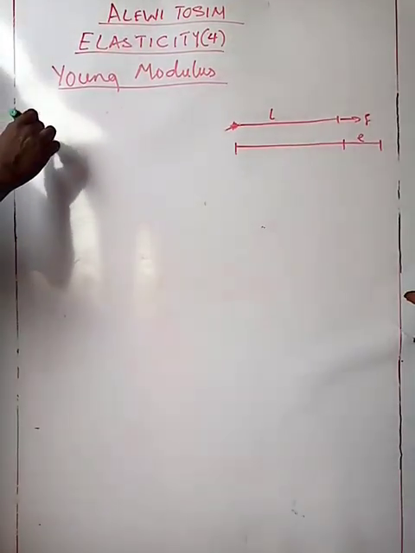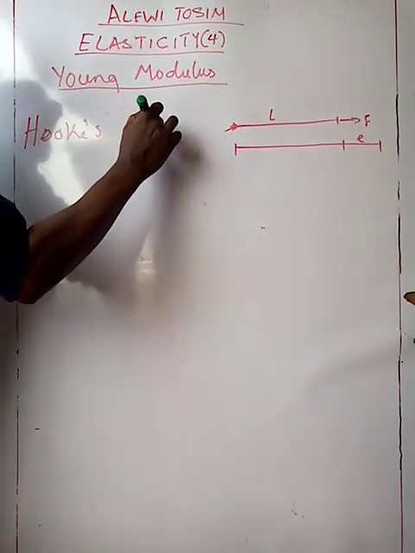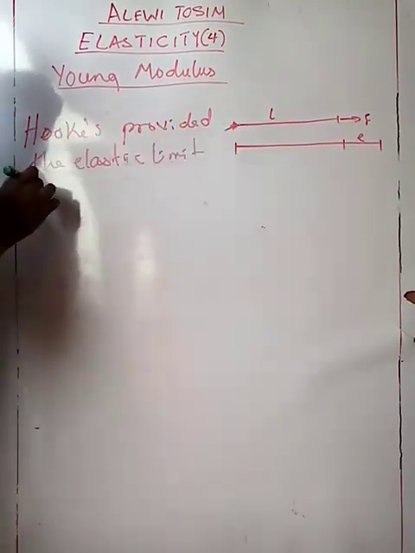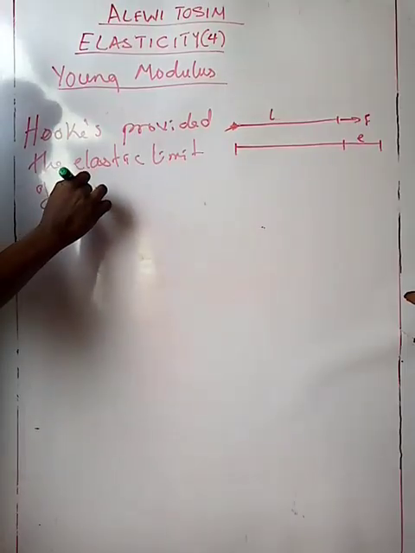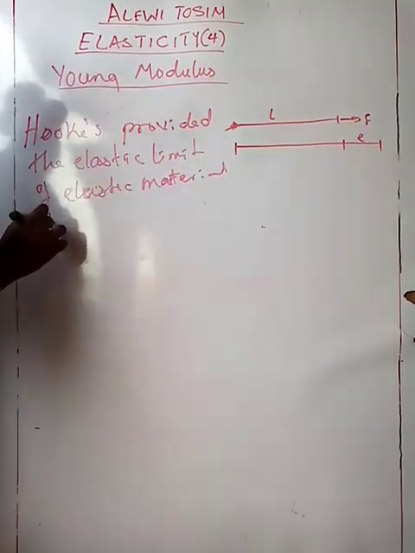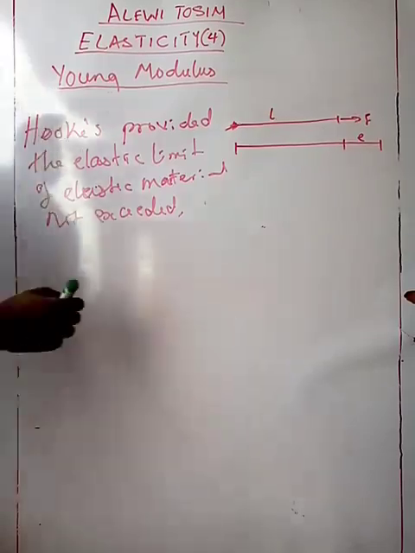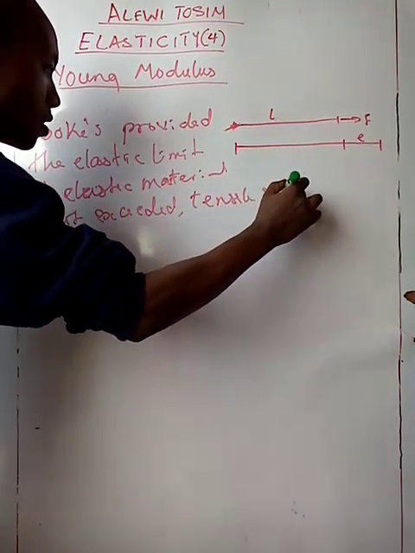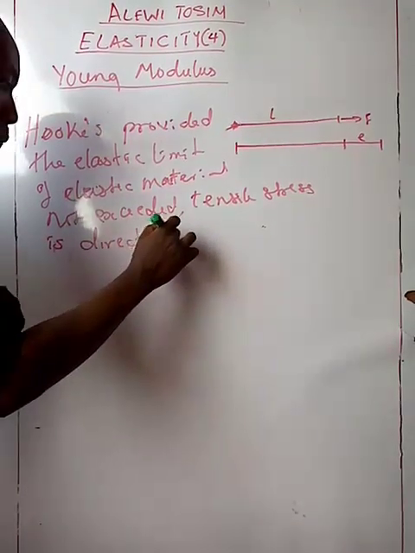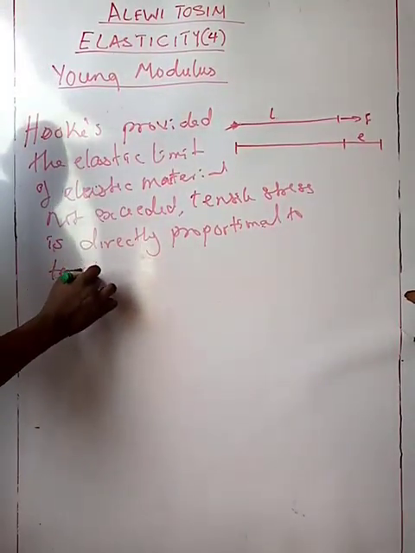Hooke's law states that provided the elastic limit of an elastic material, which I explained earlier, is not exceeded, tensile stress is directly proportional to tensile strain.